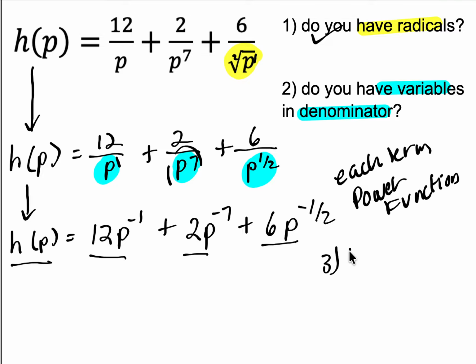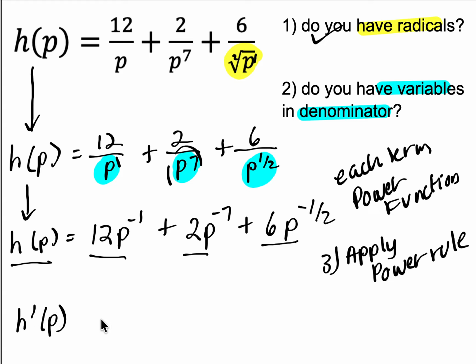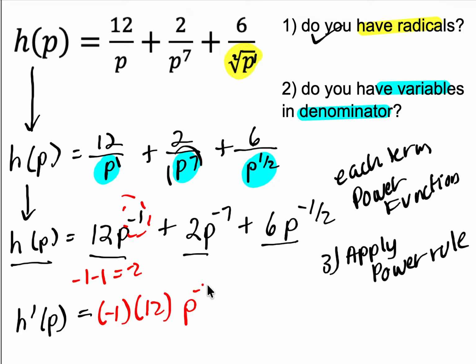So now I'm ready to apply the power rule to take the derivative. And that's going to give me h prime of p. I take my exponent and bring it down, -1 times 12p, and I subtract 1. -1 minus 1 is -2, raised to the -2nd.